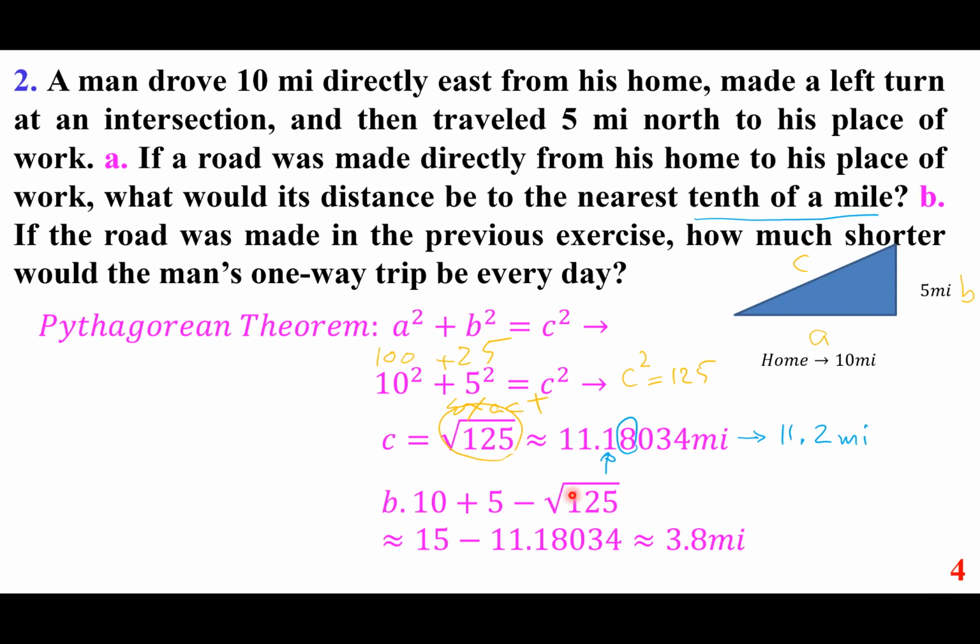This is the exact answer, everybody. And you can carry many, many decimals. However, going back to what they said, 15 minus 11.2. Let me just write it down. So this is 15 minus 11.2. And it will save us this much, about 3.8 miles.